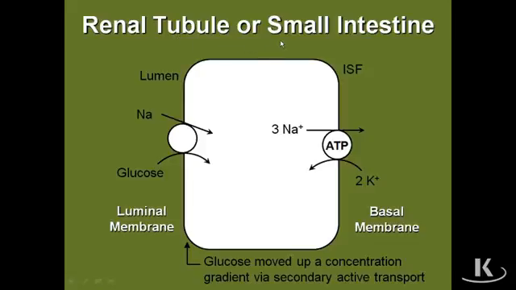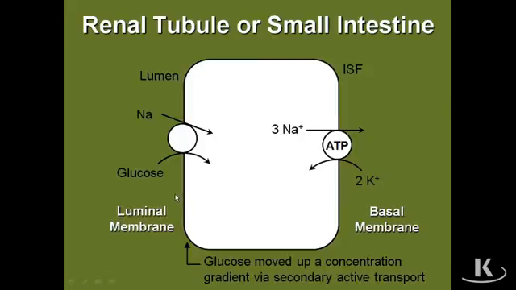Just to orient everyone to the figure here, this represents the interstitial fluid side, so this is referred to as the basal membrane. This is the lumen of the proximal tubule here, so this would be the luminal membrane.